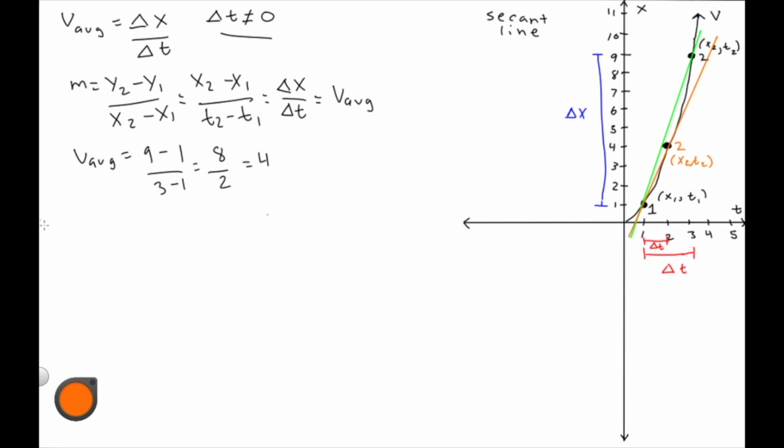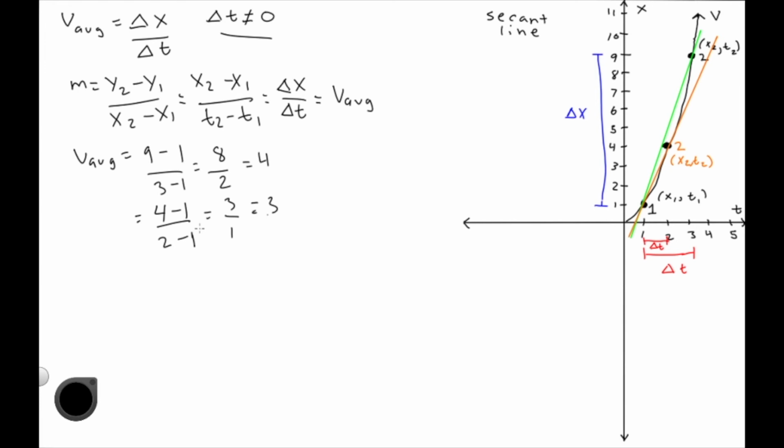And so if we were to take that new average velocity, it would be 4 minus 1 divided by 2 minus 1, which is equal to 3 over 1, which is equal to 3. So that's going to be the new average velocity between point 1 and our new point 2.